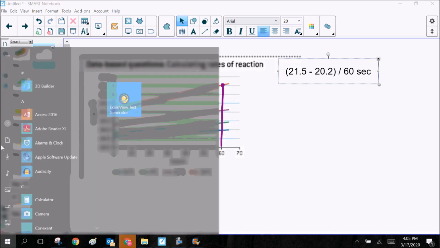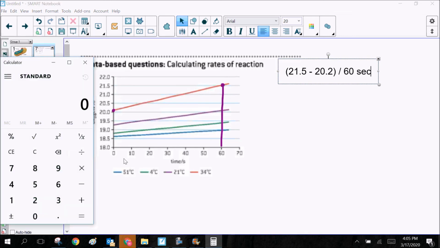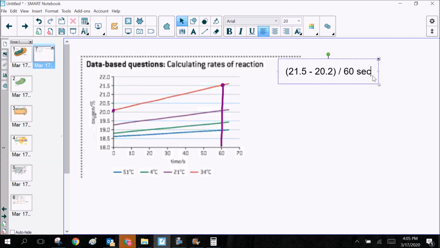Let's go ahead and plug that into our calculator. So 21.5 minus 20.2 equals 1.3, divided by 60 gives us 0.022. So 0.02 is what I'll say. And what are our units? We're going to say this is 0.02% oxygen per second.